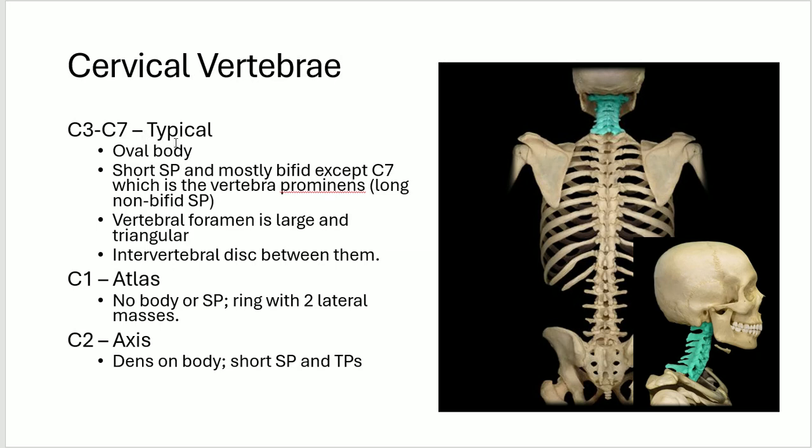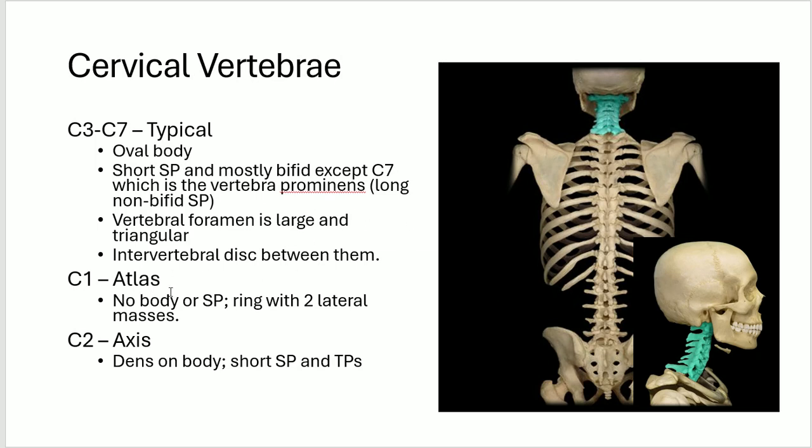C3 through C6 are bifid spinal processes. So each one has 2 tips sticking out the back. C3, C4, C5, C6 is each bifid. So 2 tips sticking out the back. And then C7 is the one that's long and non-bifid spinal process. And that's the one down here with just 1 sticking out the back, okay?